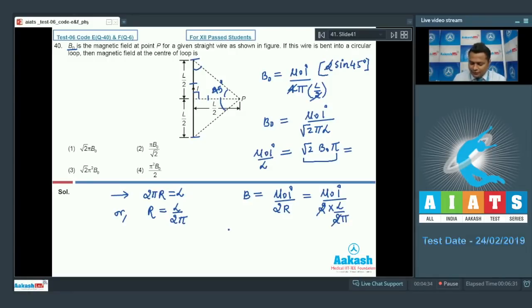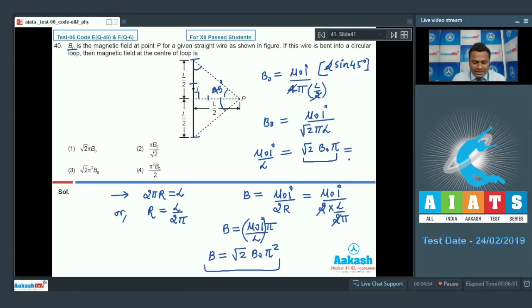The 2 cancel out. We get the expression for B as mu naught I pi whole divided by L, where mu naught I upon L we already have got. Therefore B equals root 2 times B naught pi square.